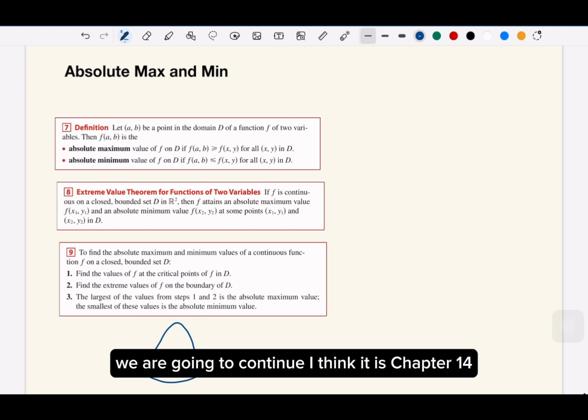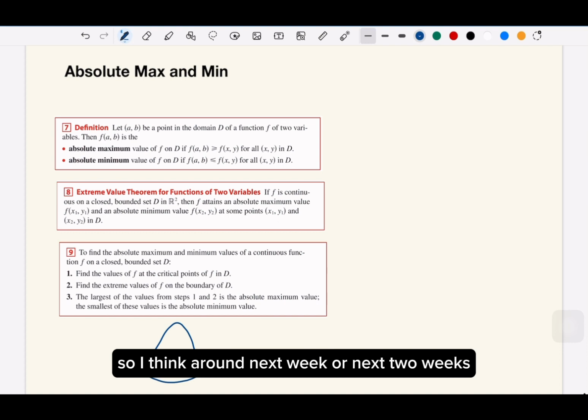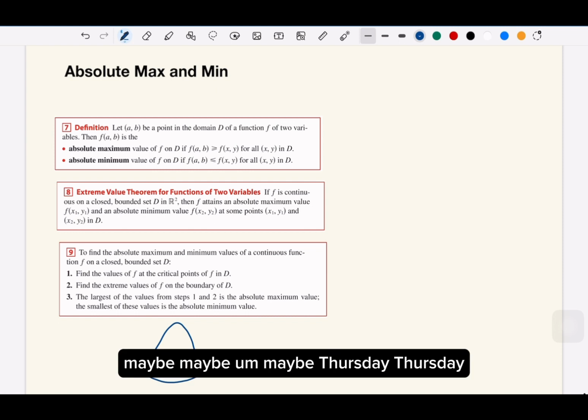We are going to continue and I think finish chapter 14. So around next week or the next 2 weeks, maybe we will have a quiz on chapter 14, only for partial derivatives. Maybe next 2 weeks, so you have time to study. Maybe Thursday.